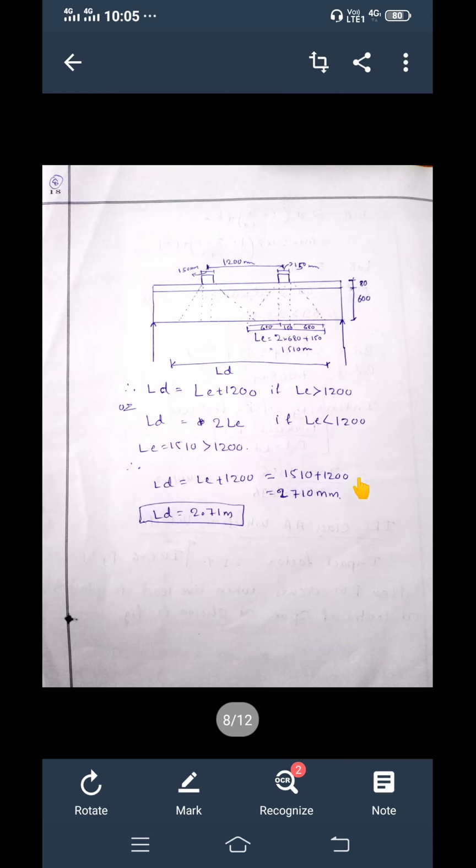So keep it in mind. If your overall depth of the deck slab is 500, you will get the second condition. If your overall depth is 600, you will get the first condition.